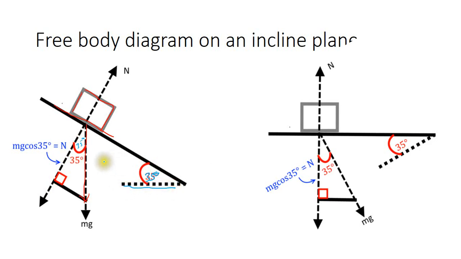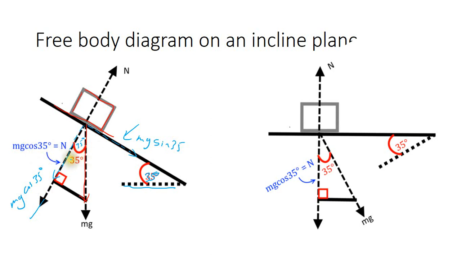Because we're resolving this force, we have to resolve it with respect to the incline, because the weight is coming from the surface of the incline. By resolving it, one component is going to be here: mg sine, and as you can see, that's written here already, and this component right here is going to be mg cos 35.